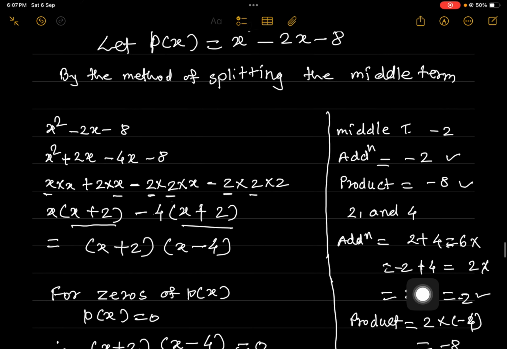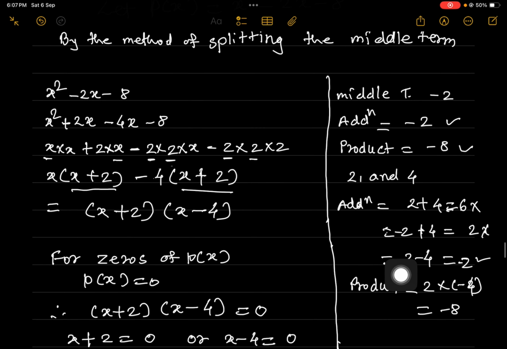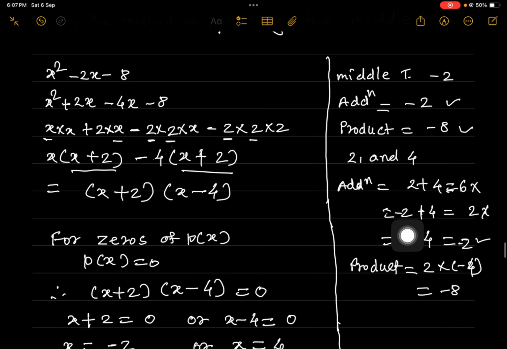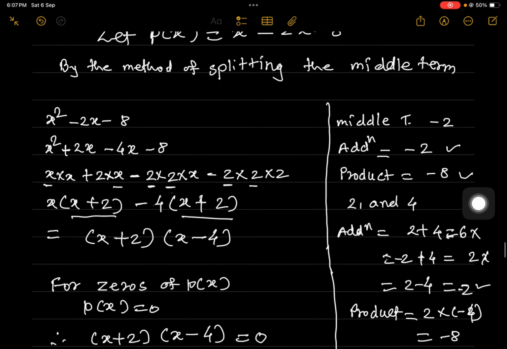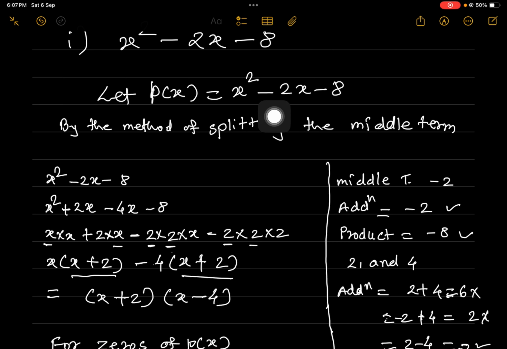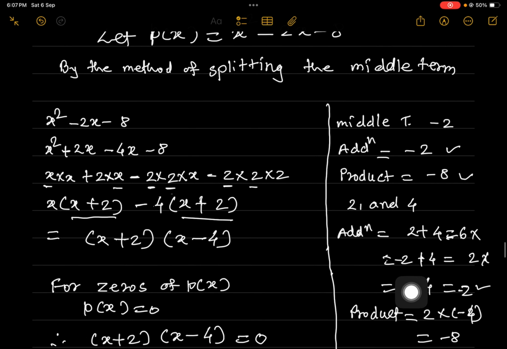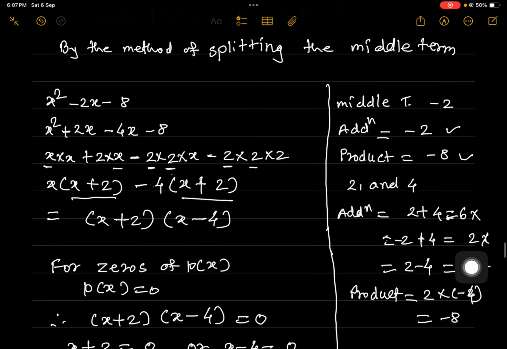Multiplication 2 into 4 is 8, but the product is minus 8, so we have to check the sign. If we give a minus sign to 2 and plus to 4, minus 2 plus 4, their sum is coming plus 2. Plus 2 is also not possible because our sum should be minus 2.